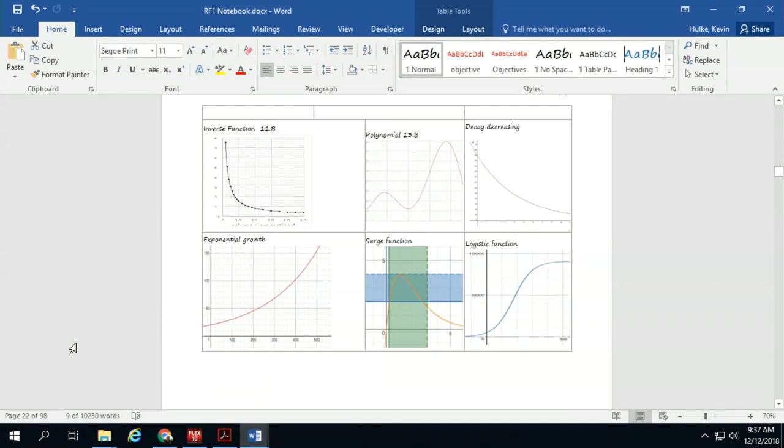The first one that we talked about was the inverse function. And the one that we did for the inverse function was a gas under pressure, right? No matter how much volume the gas has, it would still have pressure. No matter how much pressure the gas is under, it still has some volume. The other one that we did later on was that beam or support column that we were making.